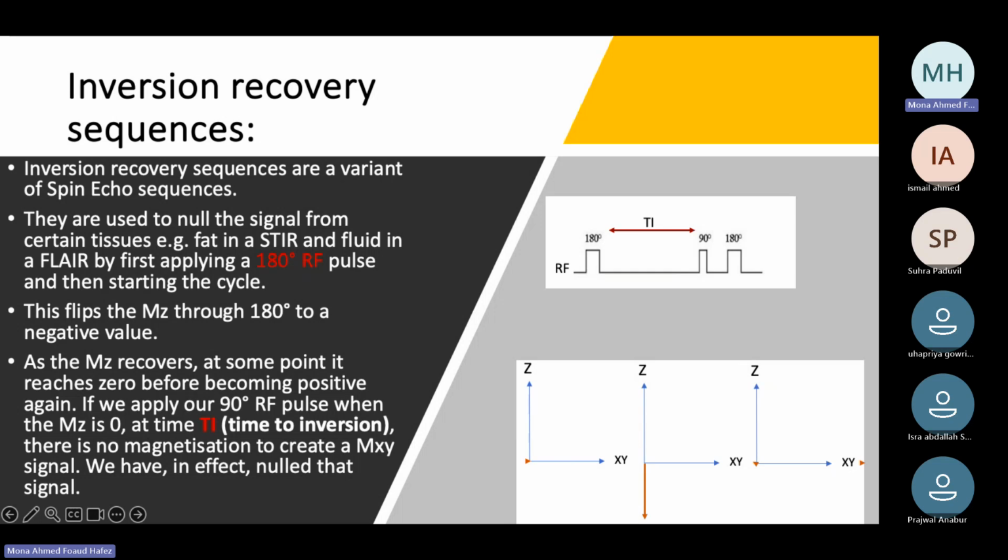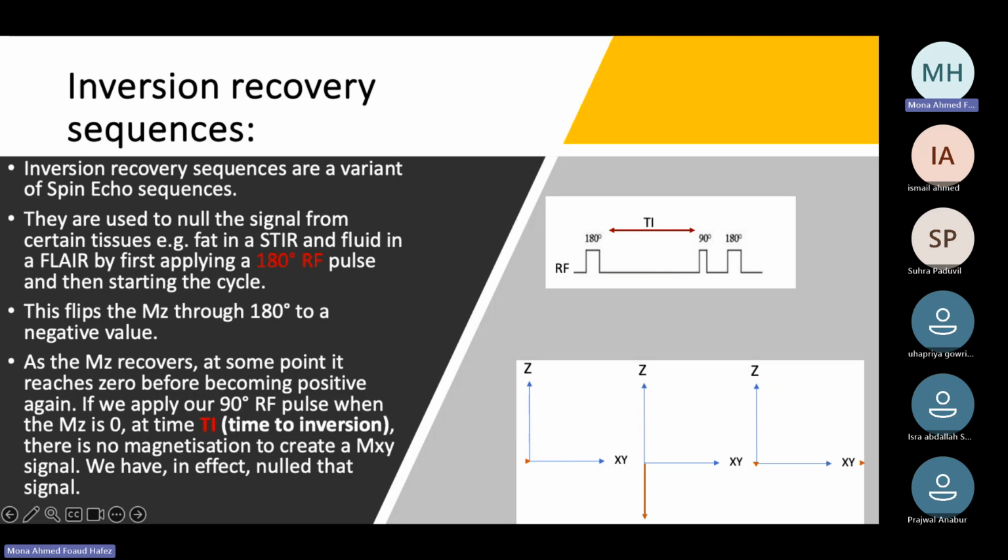To make it simple, as we said last time, all protons normally in the magnetic field will be aligned in the MZ direction. So we apply 180 instead of 90, so all of them will be in the opposite direction of MZ, and they will start recovery.